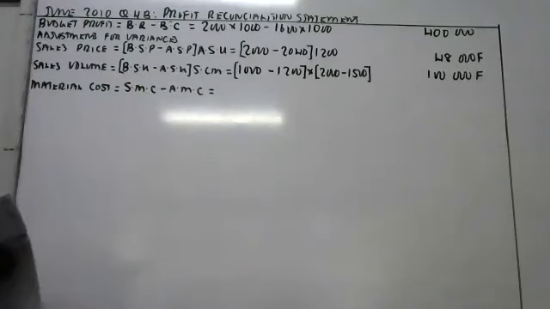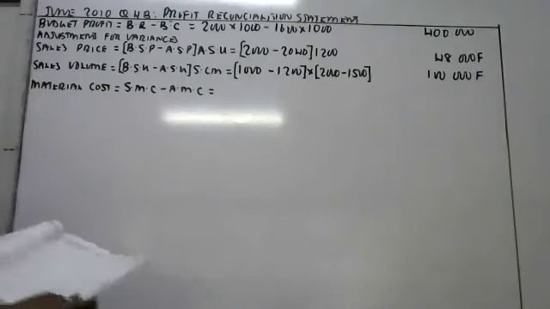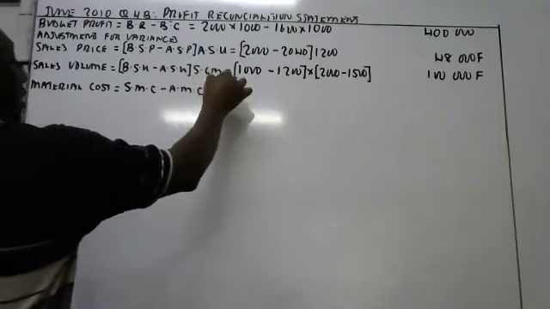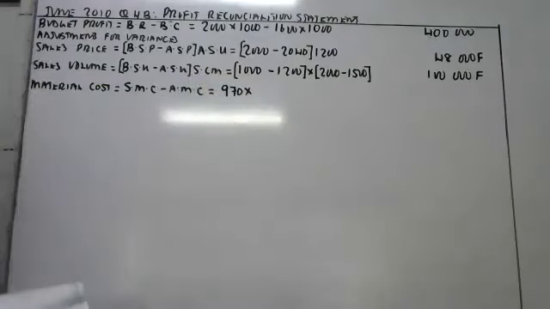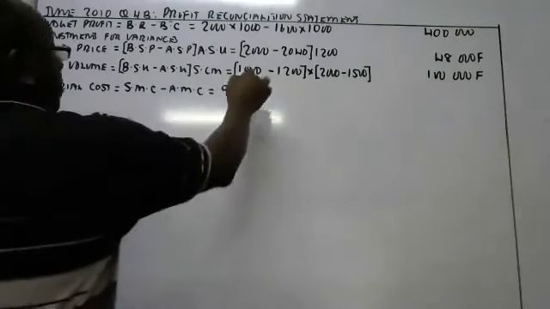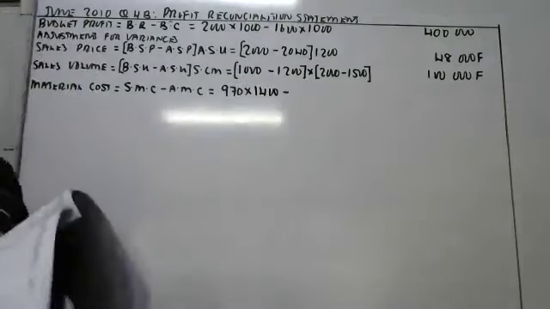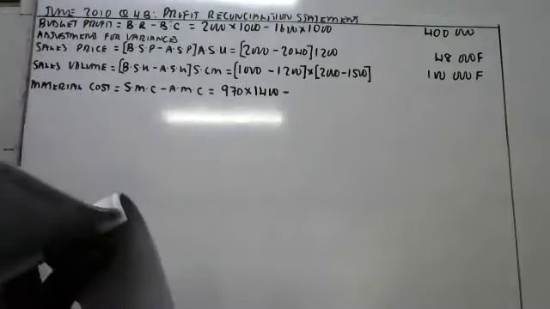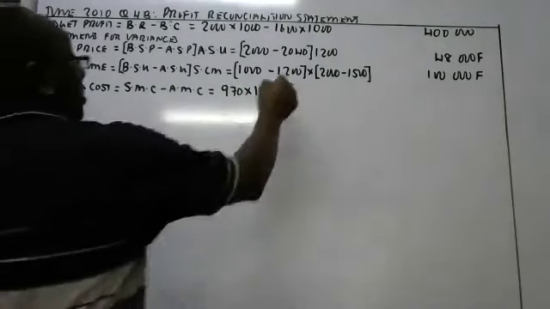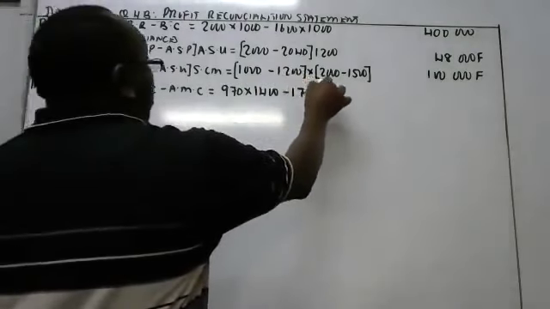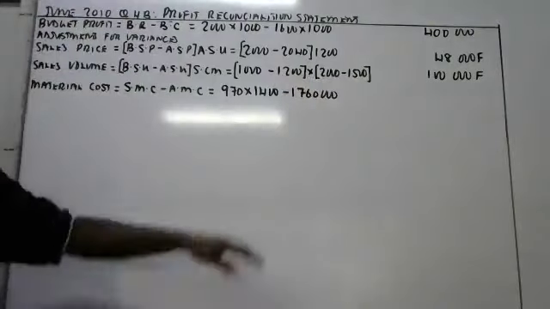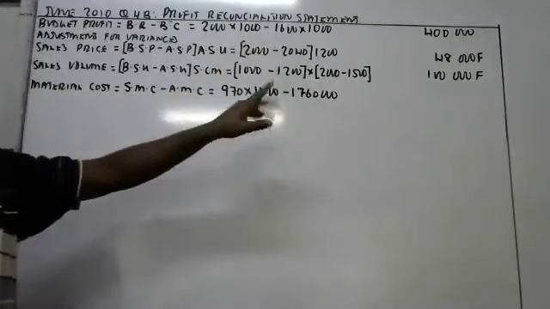Now, the standard material, looking above, there is 970. Now that 970, you are supposed to multiply by the actual units that were produced, 1400. Minus the actual cost that was incurred. Going down there, there is 17 what? 60. This is what I wanted to balance, but now that I've changed there, I will not.